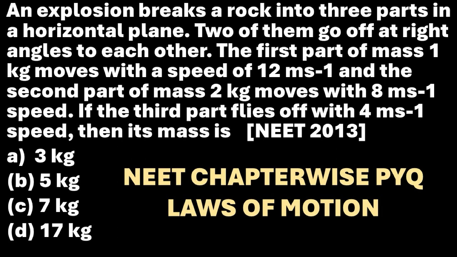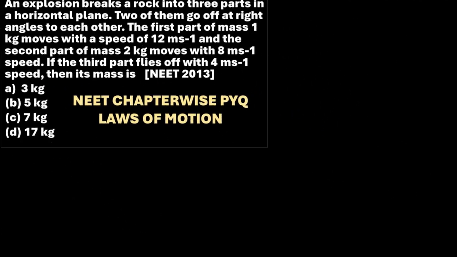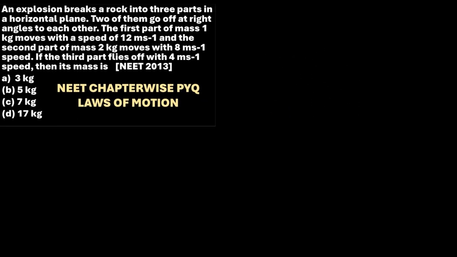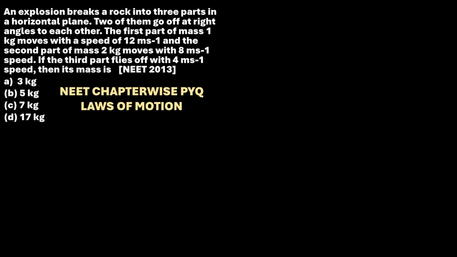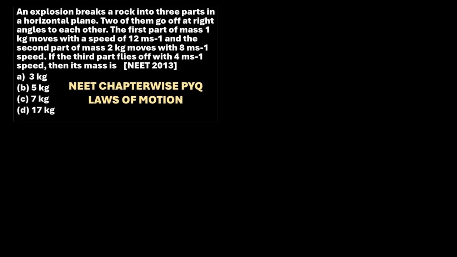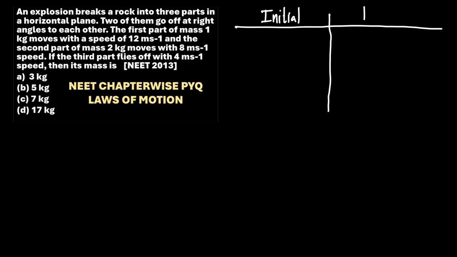Okay. So, before going through the question here, let us first try to understand what is given to us. Let's try to picturize this. There's an initial condition, where the rock was at rest, and then we have a final condition.